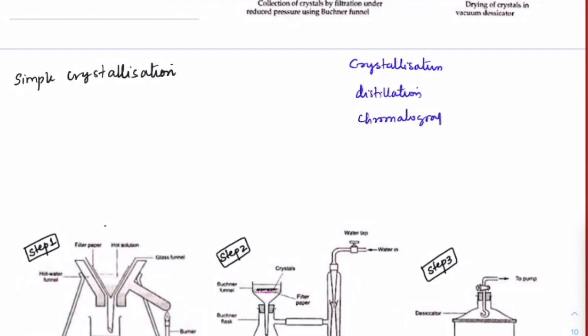So these are the three major ways by which we can separate and purify the organic compounds. Now, when it comes to crystallization, the process of forming pure crystals when you cool the impure sample in a suitable solvent is called crystallization.